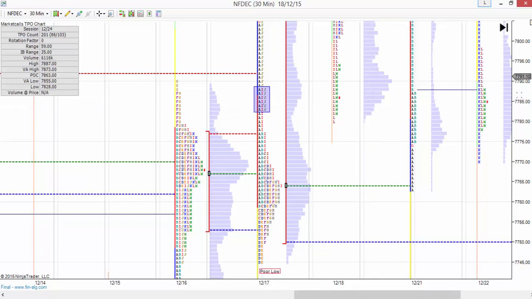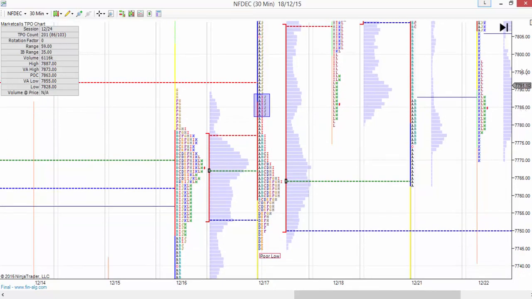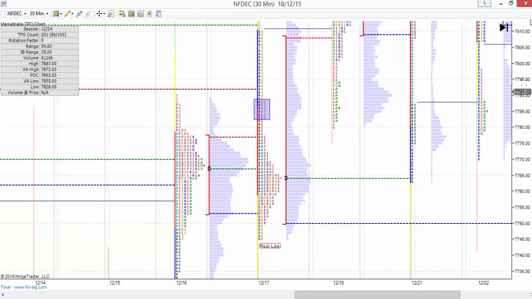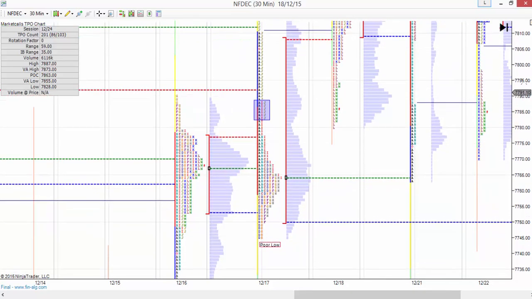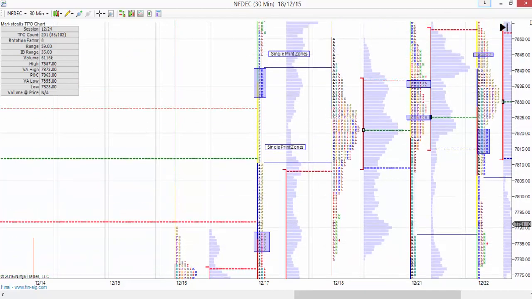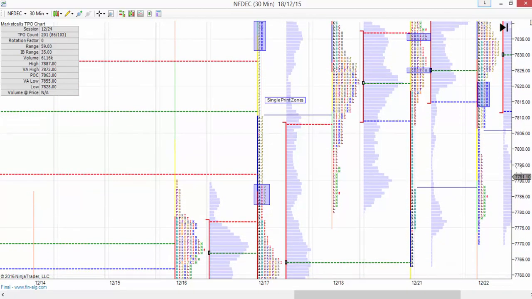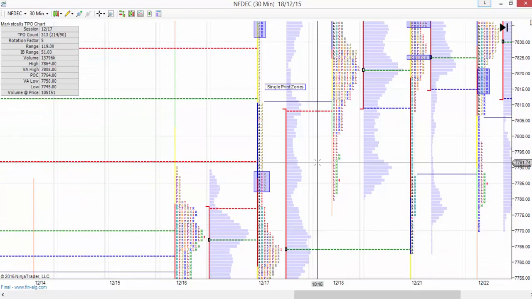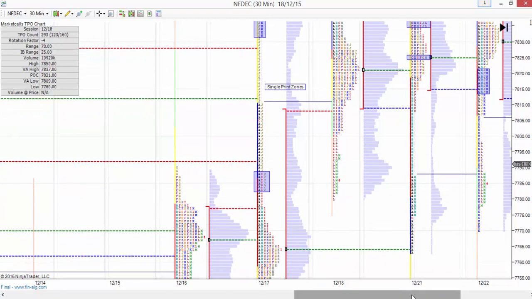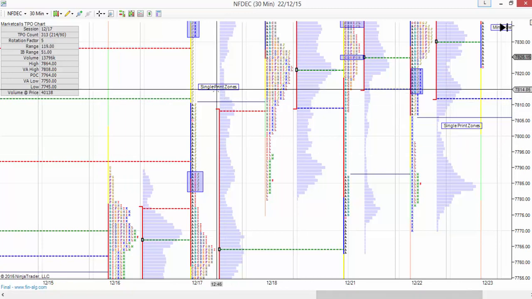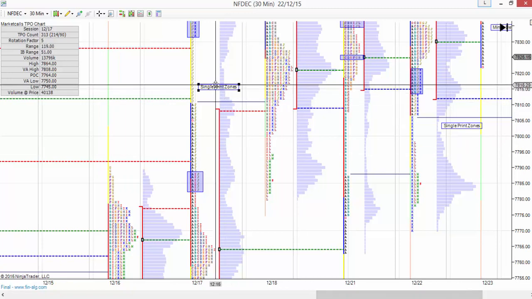Let's move on to the 16th. We look for some key reference levels. There are not many key reference zones. And when it comes to the 21st, we have interesting single print zones.